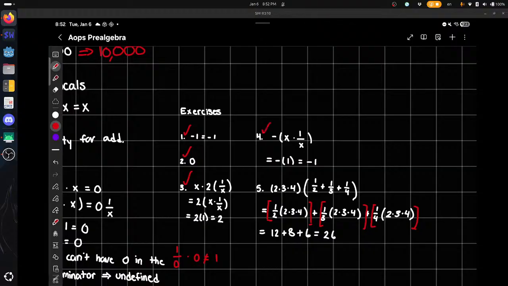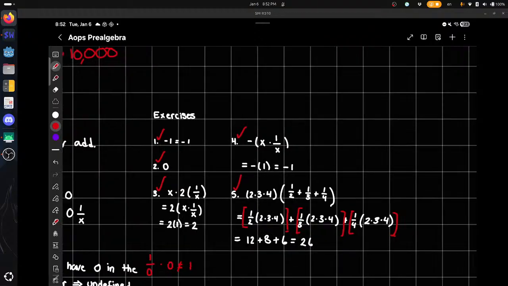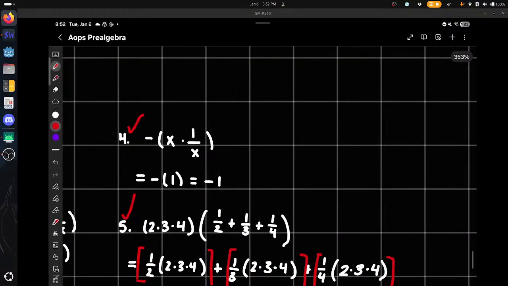Somehow we got 4 right. We didn't really do it the same way, but we somehow got it right. We got this one right. So for this problem, they did it like this. They said, take that reciprocal, that x, and then, I mean, this is all just multiplication, right?